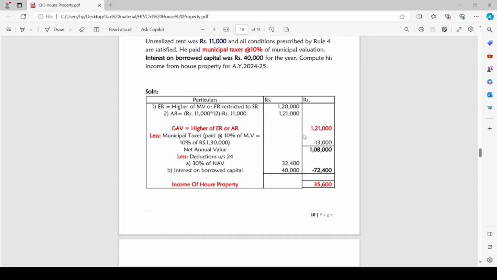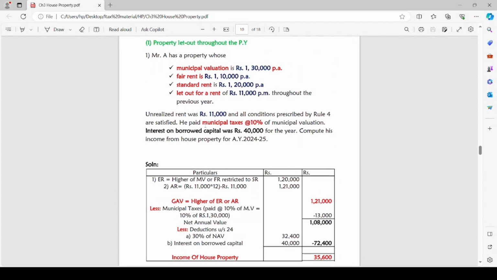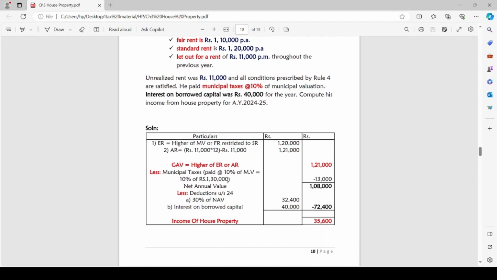Now the second step is we have to deduct municipal taxes. The municipal taxes, as given in the question, are paid at the rate of 10% of municipal valuation. The municipal valuation is rupees 1,30,000 per annum and 10% of rupees 1,30,000 is rupees 13,000. This 13,000 is deducted from our GAV.